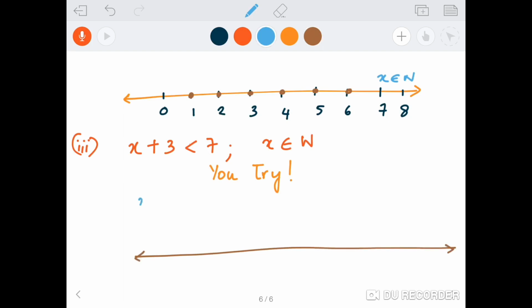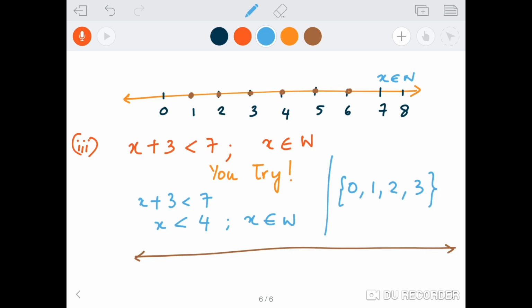First, let us write the solution set. Your solution set is going to be x plus 3 less than 7, so x becomes less than 4. So think of all whole numbers that are less than 4, which would basically be 0, 1, 2 and 3. Alright, so I'm going to just mark dots on these numbers on the number line.